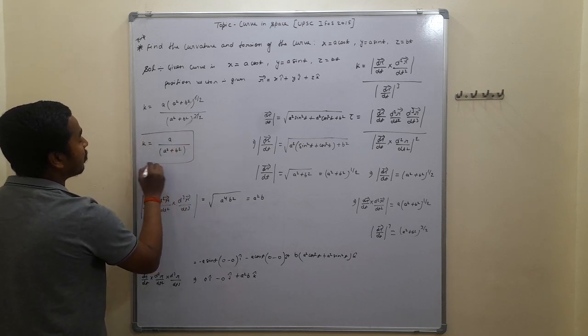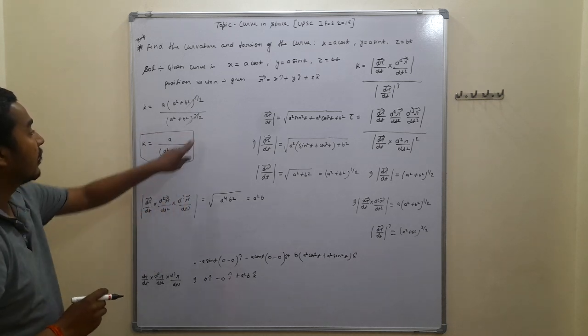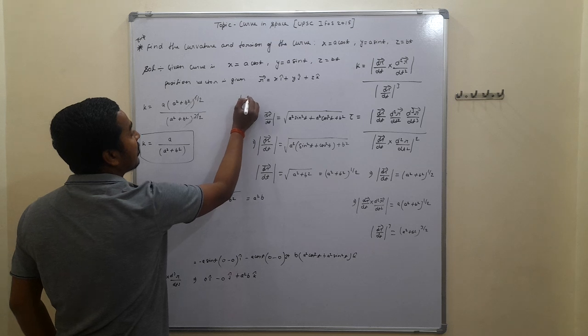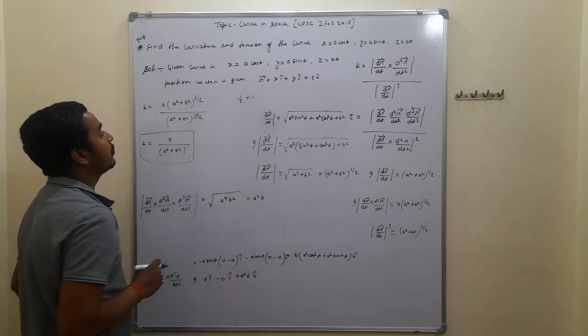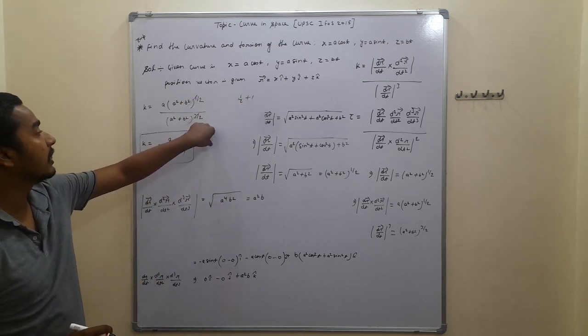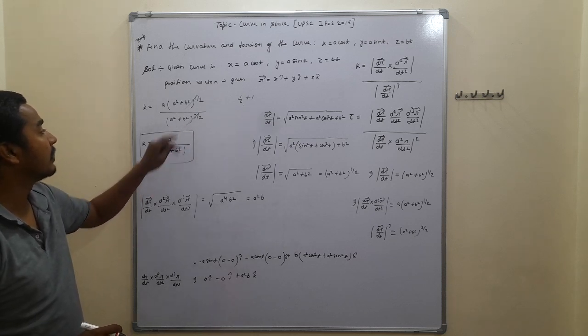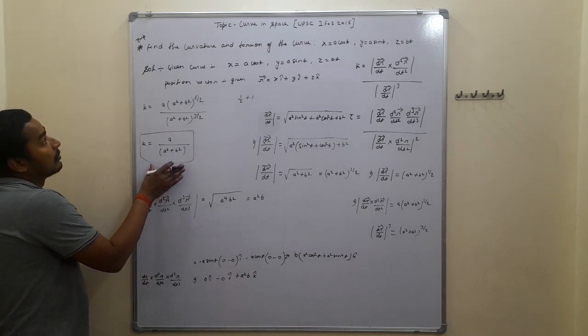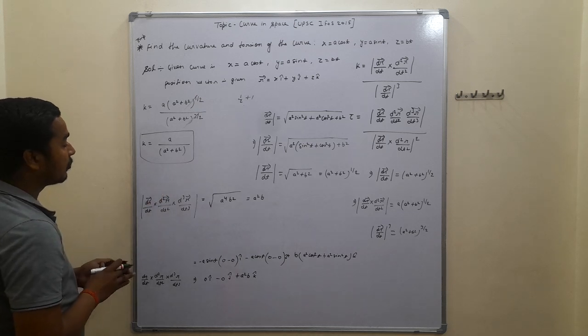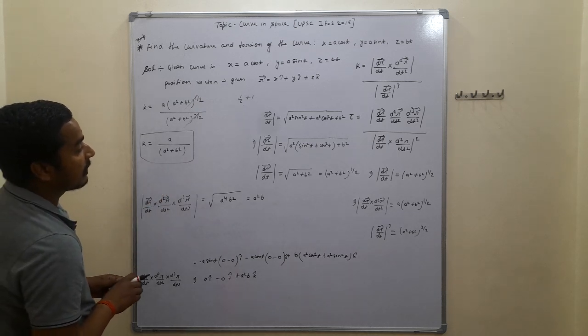Here 1 by 2 plus 1 gives 3 by 2, and 1 by 2 to 1 by 2 is eliminated. We have only a square plus b square to the power 1 by 2. This is the curvature.